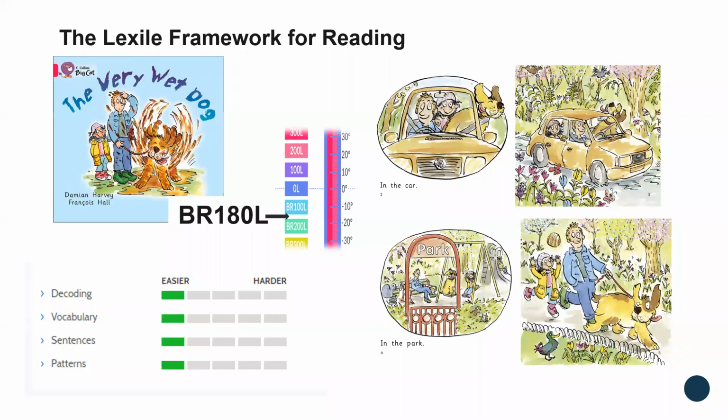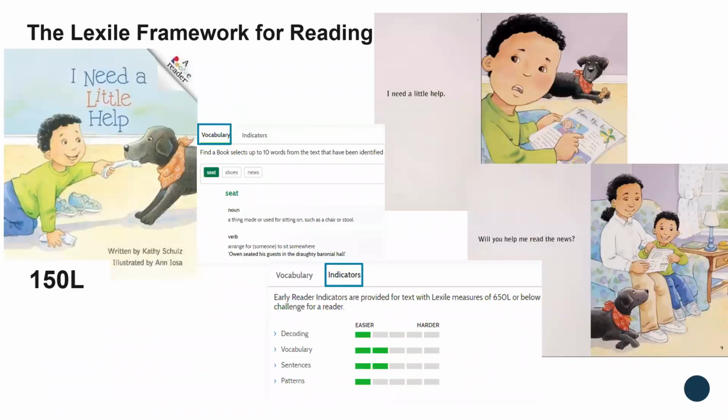But we'll take a look at yet a different one. Here's the book, I Need a Little Help. Walking up, we're above 0L now, you'll notice, at a 150 Lexile measure. When you do a book search in our Find a Book tool, which is located in the hub, and we do have a session coming up about the hub, you may have seen it on the sheet of information where you found this particular workshop.